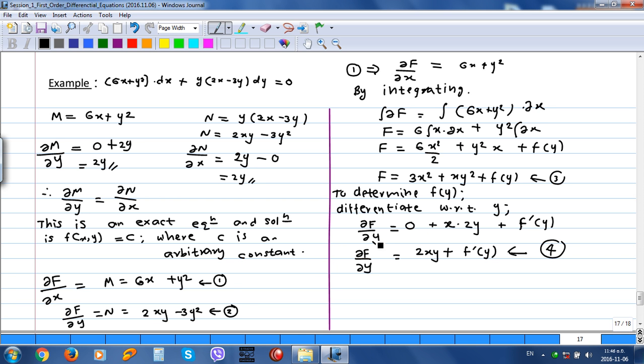Now, ∂f/∂y: the second and fourth equations are equal, so we can write 2 equals 4.